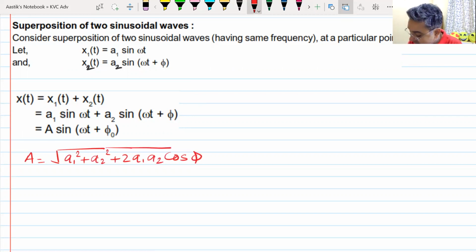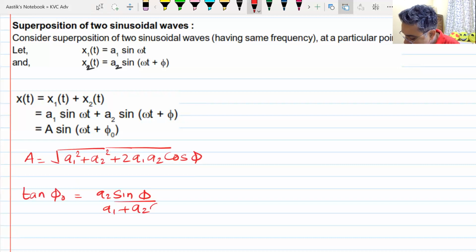Yes, sir. And tan of this phi naught, the phase difference, will be given by a2 sin phi upon a1 plus a2 cos phi. All of us understand this?